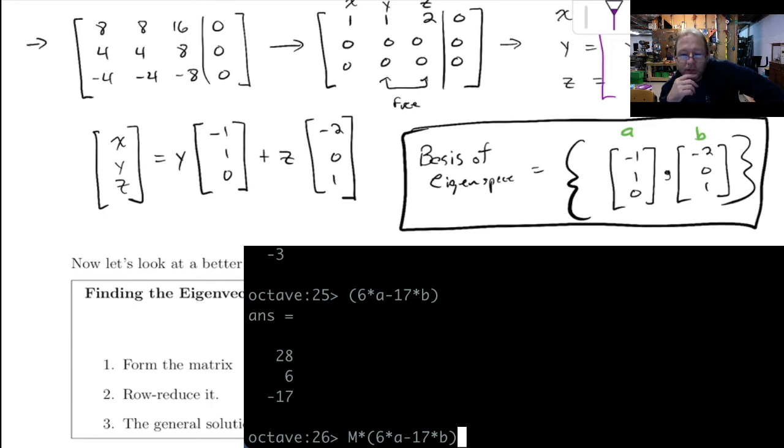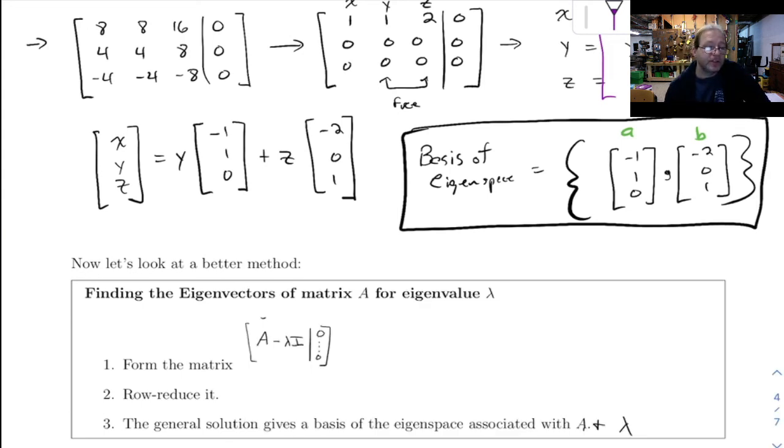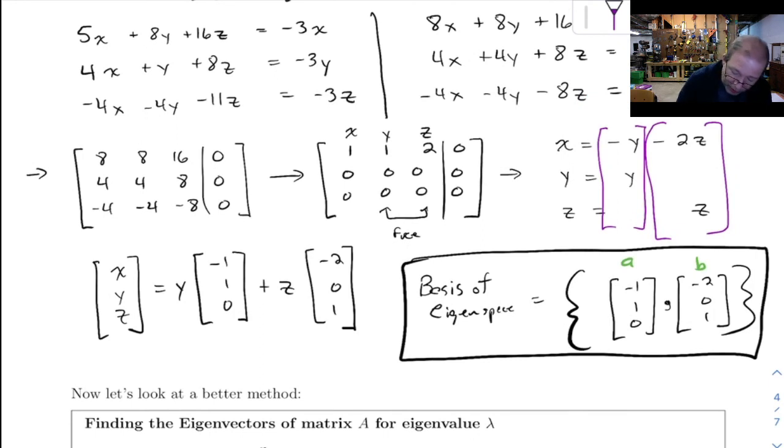So my middle number is going to be -18, my bottom number is going to be positive 51, and my top number is -84, which I couldn't do in my head very quickly. So the eigenvectors that go with -3 here consist of all the linear combinations of these two vectors.